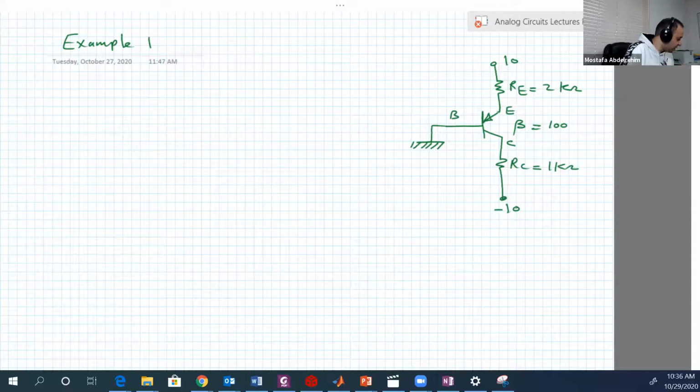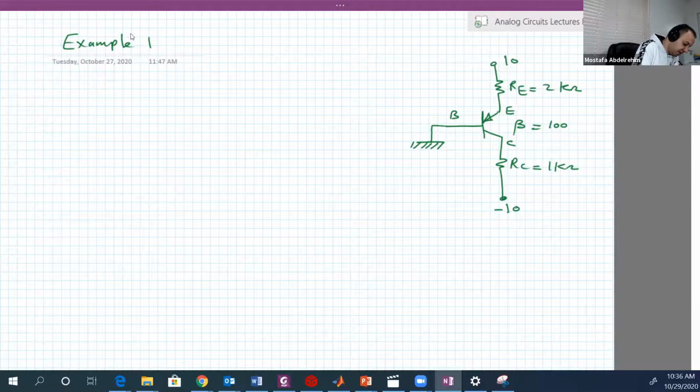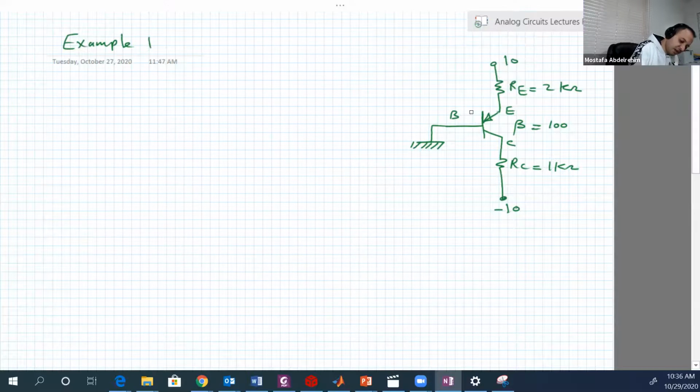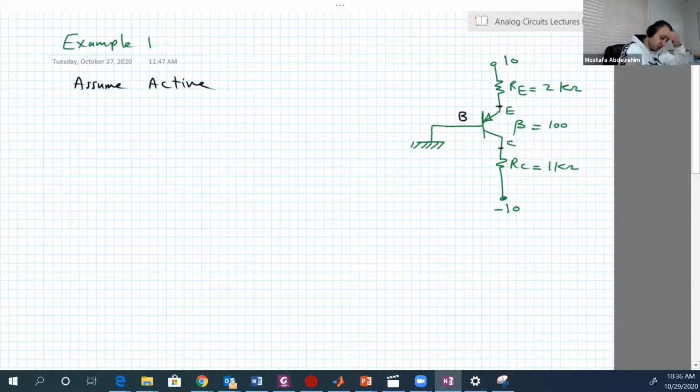So I just drew the circuit. Let's now solve it. Here we have the base, here the emitter, and here the collector. Let's again assume it's the active region.